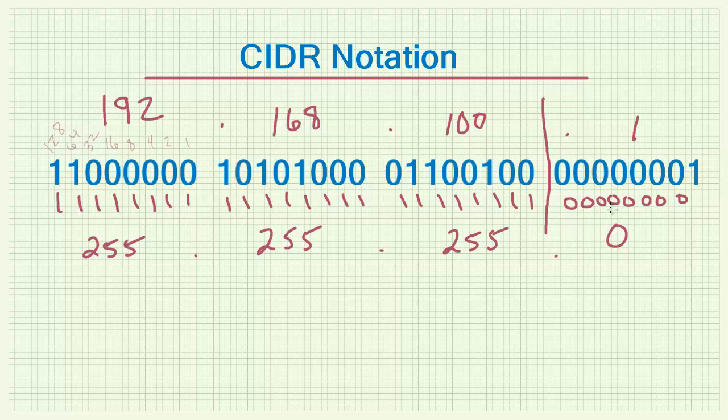And you can see now that I've done the binary conversion on the mask as well, and that's pretty easy. These 255s simply equal all ones. If we were to take 128, 64, 32, 16, 8, 4, 2, and 1, and add all that together, we get 255. So 255 in the first octet, and the second and the third gives us 24 bits of ones, and then the last 8 bits of zeros is indicating the host portion of this IP address, and there's the dividing line right there. So what if we wanted to express this idea using CIDR notation? Well, here's how we do it.